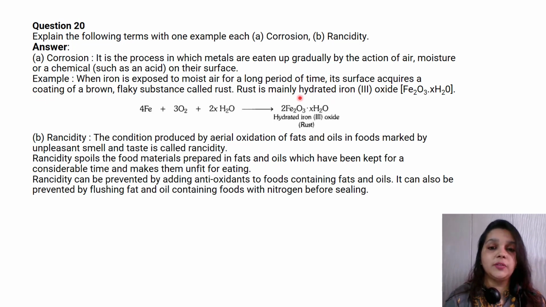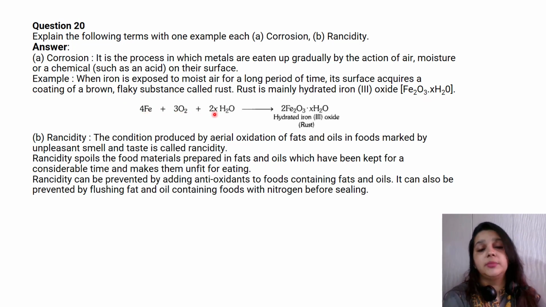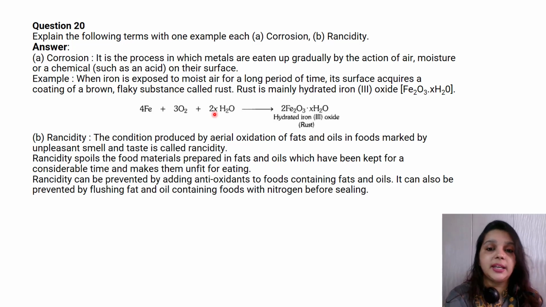There is an involvement of water molecules here, but there is X molecules. There can be n number of them, as in numericals. So Fe2O3.xH2O. The reaction goes like this: Fe plus oxygen plus water, because moisture is involved, oxygen is involved, and we are going to get hydrated iron oxide. Rancidity is the condition produced by aerial oxidation of fats and oils in foods, marked by unpleasant smell and taste.